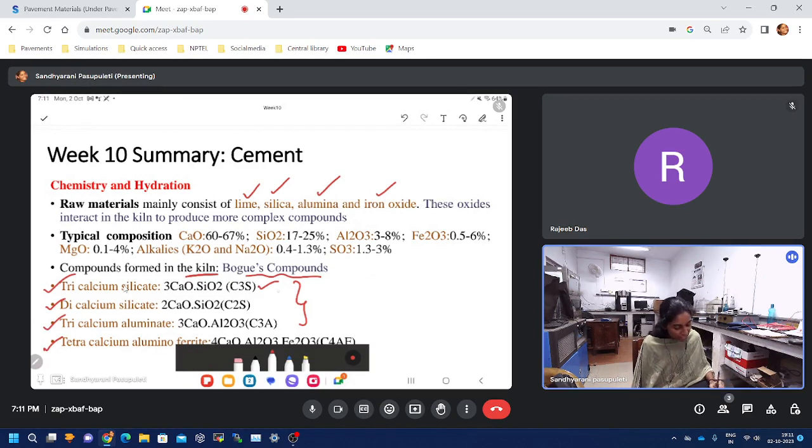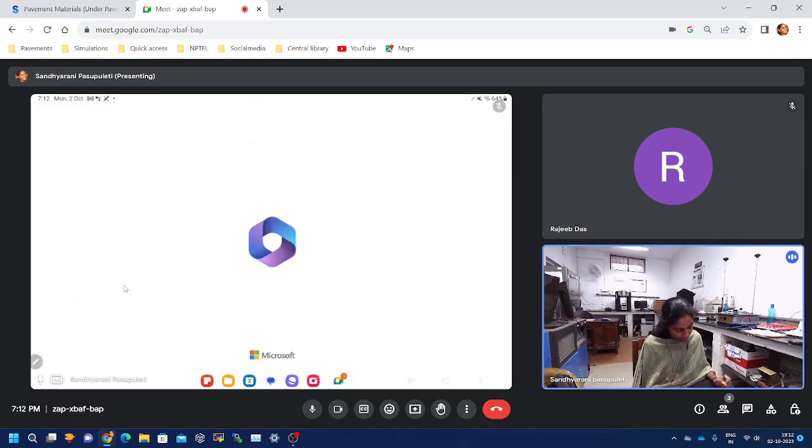The amounts of C3S, C2S, C3A and C4AF, these Bogue compounds, will decide the strength of the cement. So what is the role of C3S or C2S? Let us see.